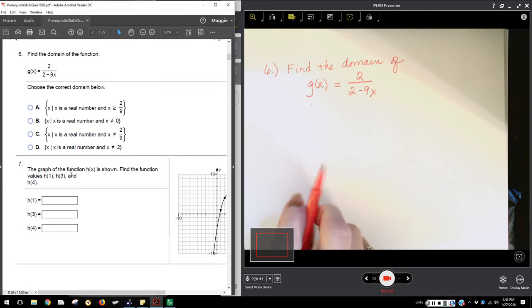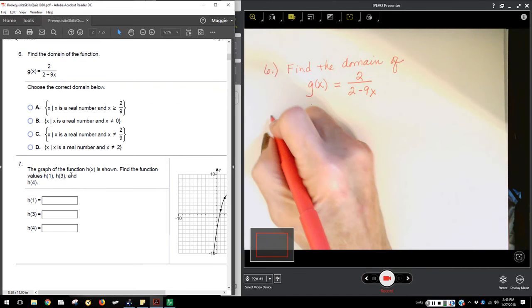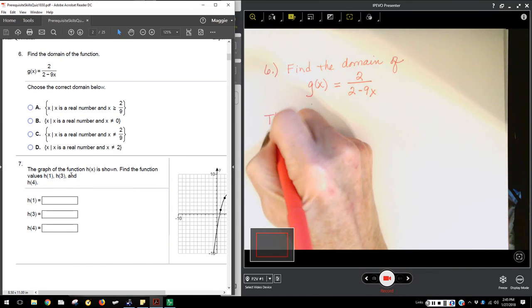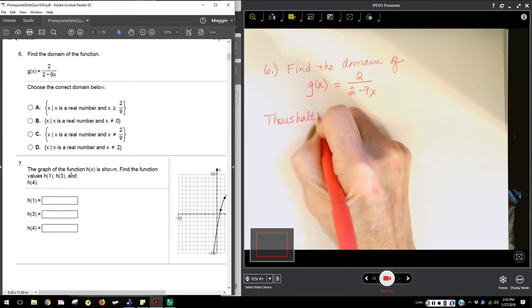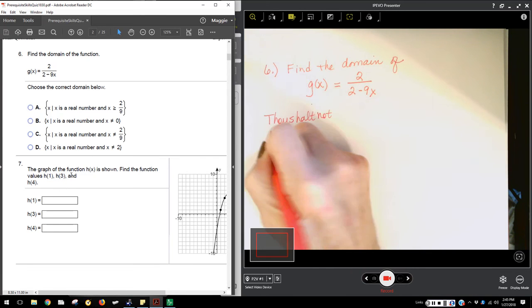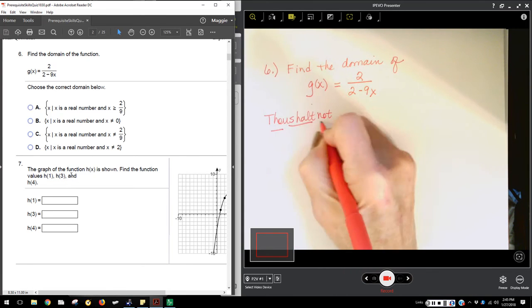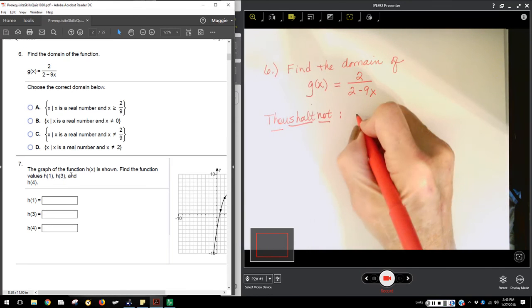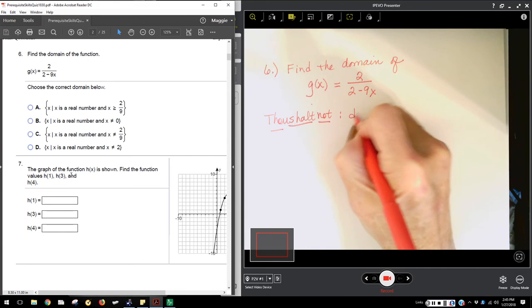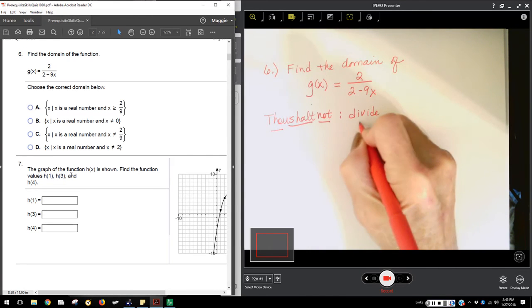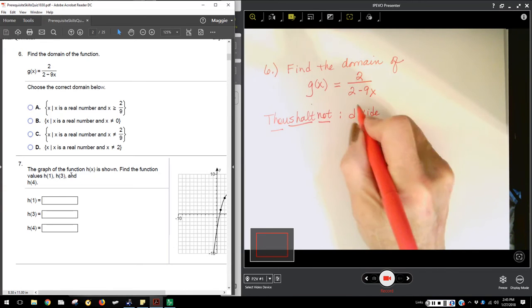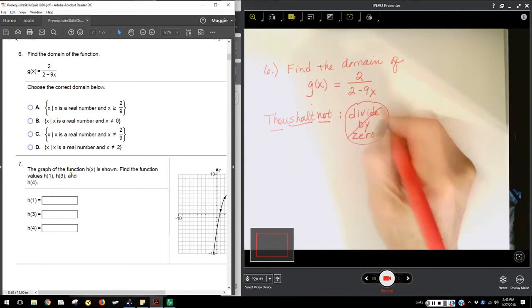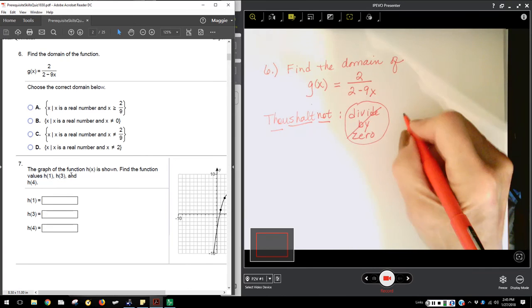And at this point, we need to remember that there are 2 cardinal rules in mathematics, 2 thou shalt nots. The first one is divide by 0. Not allowed.